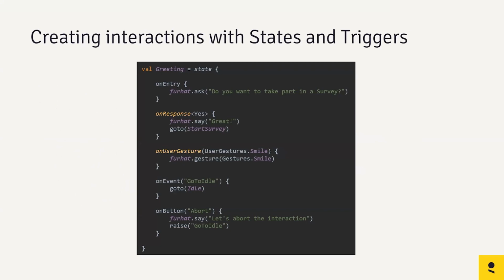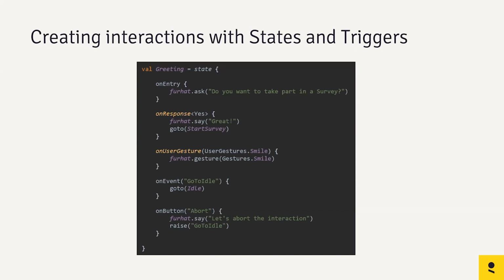Whenever something happens, you want the robot to react to that. But you don't want the robot to react in the same way all the time to something that happens. That's why you define states. So a state defines or encapsulates a set of triggers that says how should the robot react to different things in this specific state that you're in.